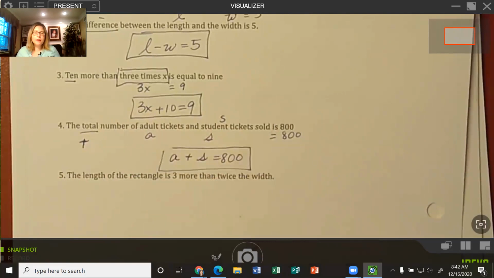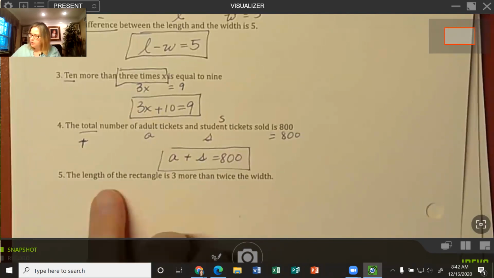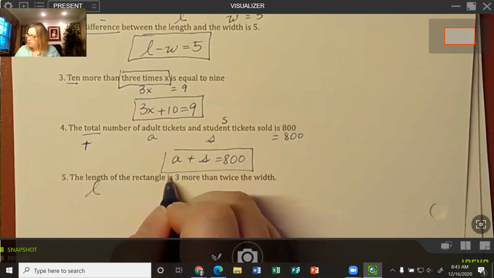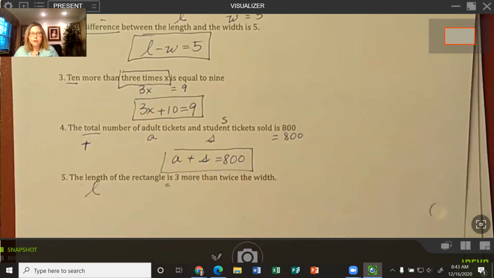Number 5, the length of the rectangle is 3 more than twice the width. Great. Okay, so this doesn't have an equal sign in it. It's just an expression. Oh, we do have the is. Sorry, we do have it. So the length is 3 more than twice the width.